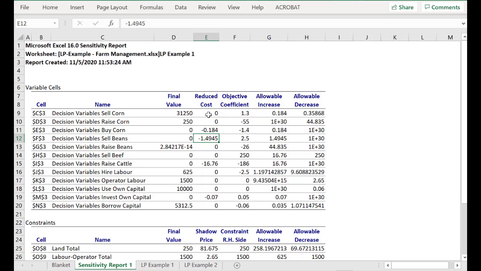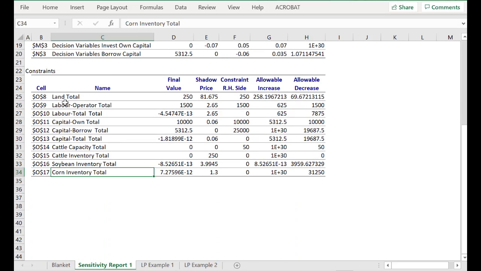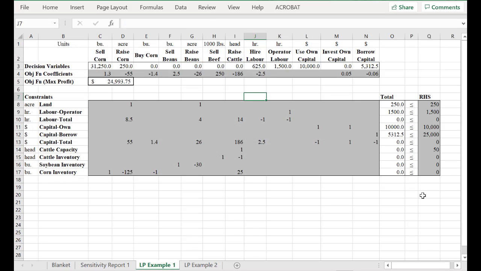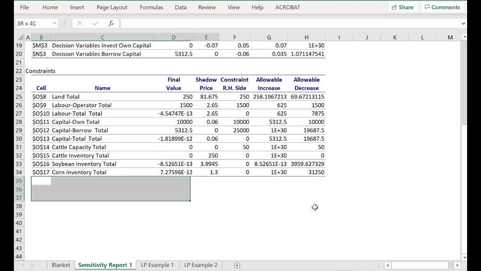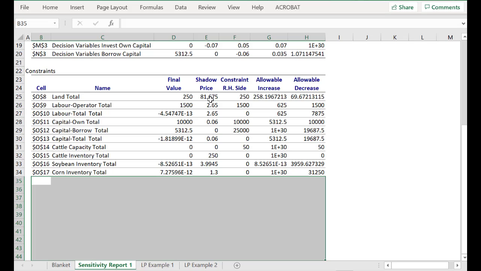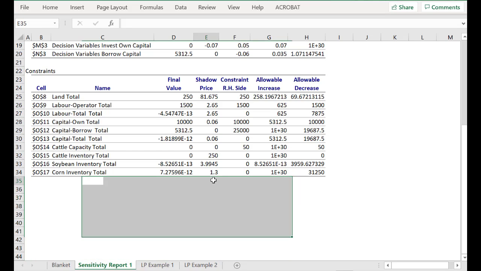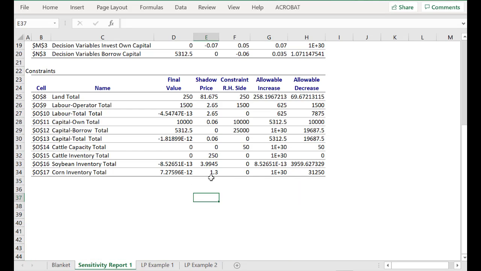And this reduced cost for those variables is actually going to be the shadow price for those non-negative constraints. If in the constraint section of the setup you included all of the non-negative constraints and then generated a report, all of those shadow prices for the non-negative constraints would show up in this section.